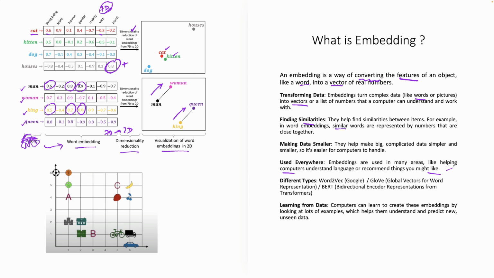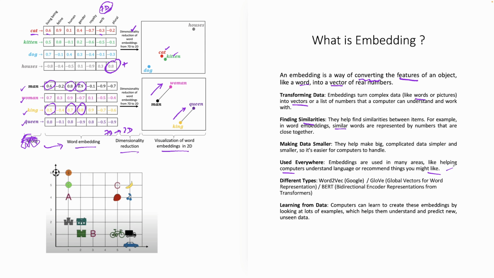The other thing is that computers can learn to create these embeddings by looking at lots of examples. From the very beginning, I've told you that in machine learning and deep learning, the magic is your data quality and data quantity. Machine learning algorithms need to learn from data, so the more data you give, the better learners your model can become.